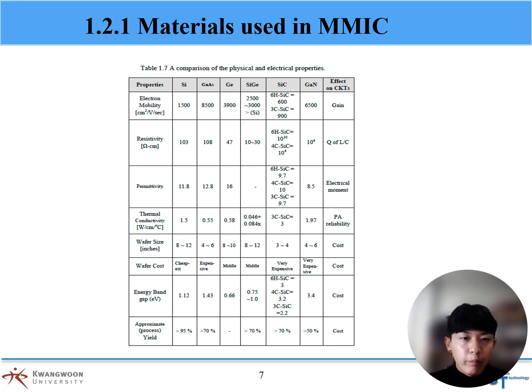Furthermore, passive devices including inductors, capacitors, resistors, transmission lines, dividers, combiners, isolators, via holes, air bridges, metals, and wire bonding and pads are also presented. Next, we introduce these materials briefly.